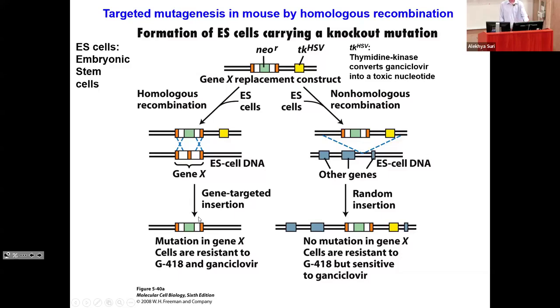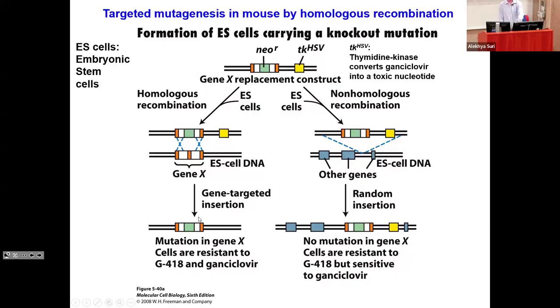if it's at the correct place, cells are resistant to neomycin, or G418, and ganciclovir. Because the toxic nucleotide is not formed, because the thymidine kinase is not present.